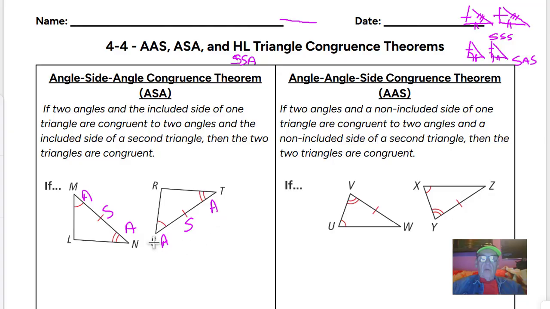So if this angle, side, angle pattern exists between these two triangles, then the triangles are congruent, and that means that all the angles that correspond are congruent, and also that the other sides are congruent.